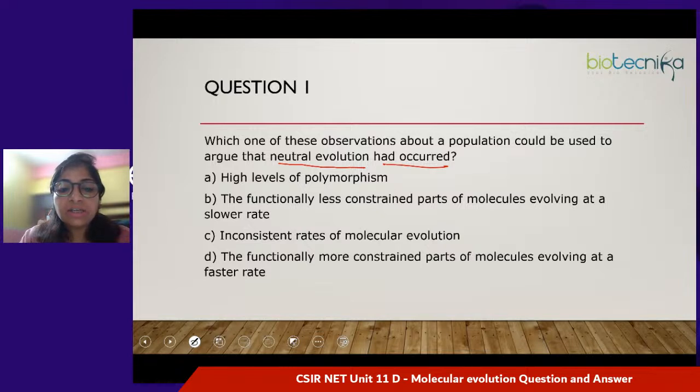And D. Functionally more constrained parts of molecules evolving at a faster rate. What do you guys think will be the answer?